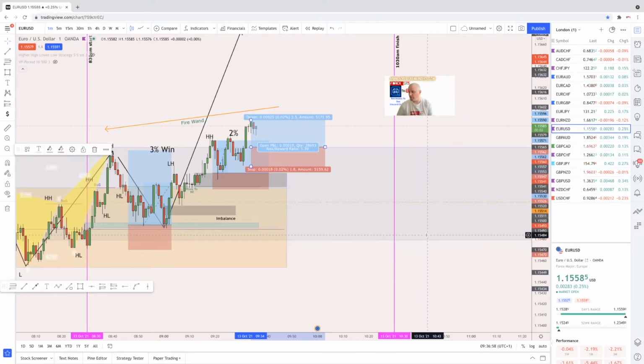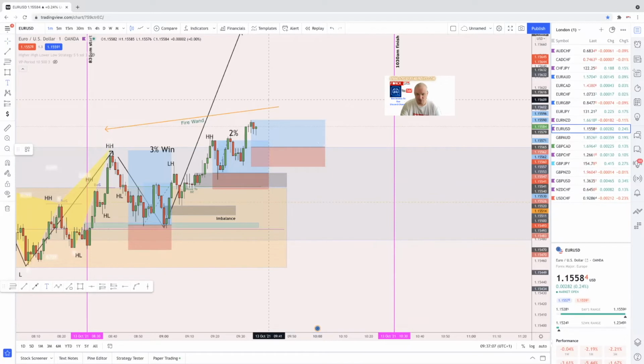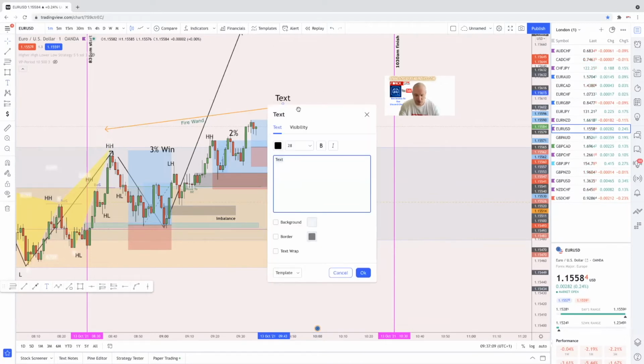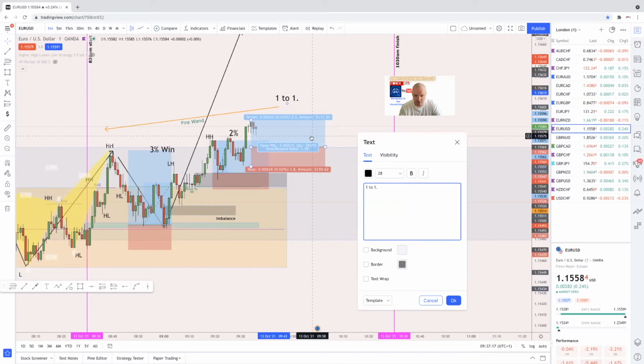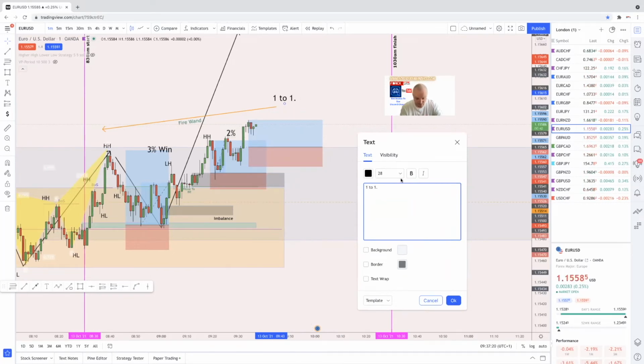And if that was to come out, it would be a 3.3% gain. Let's just see if this comes out, okay? So on this, you're risking 1 to 1.39, okay?